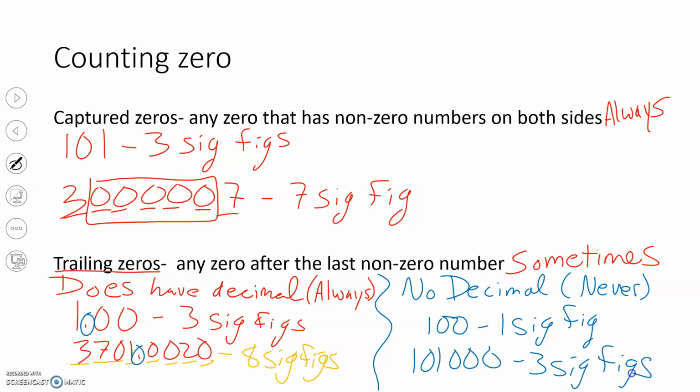Again, with the 100, the only one that's significant is that first one. With the 101,000, the captured 0 there is still significant, and your other 1 is significant, but these trailing zeros now are not.